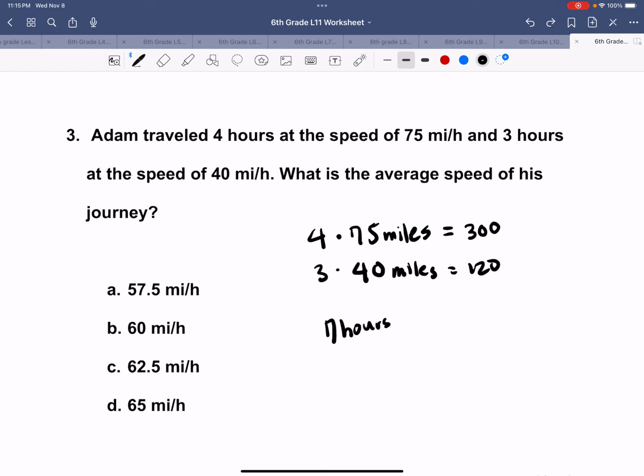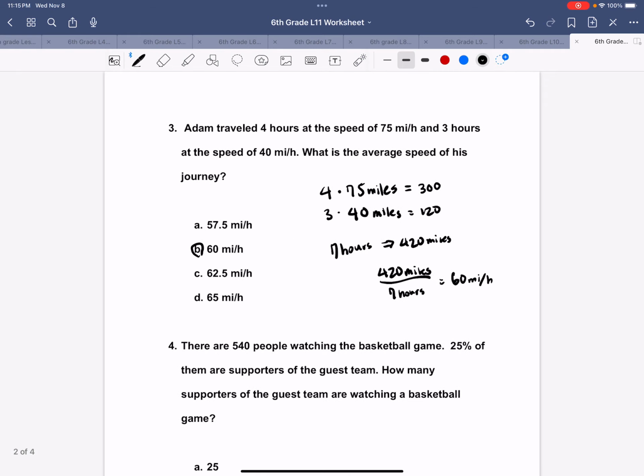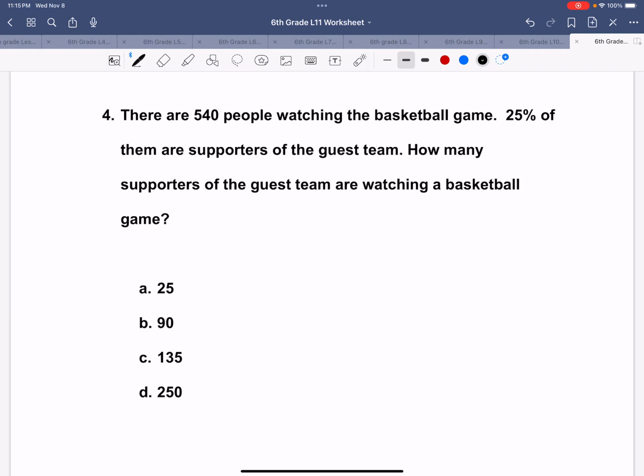And in that 7 hours, he drove 420 miles. So we just have to divide 420 miles by 7 hours to get 60 miles per hour, which is B.